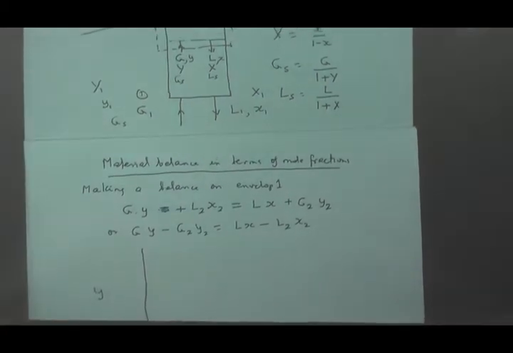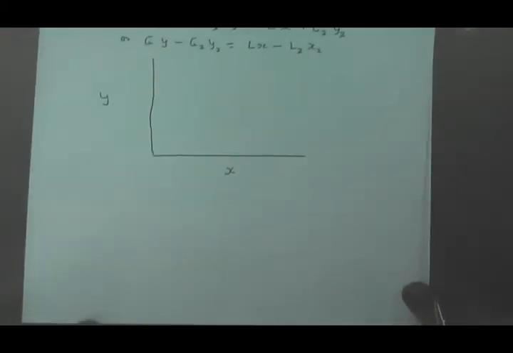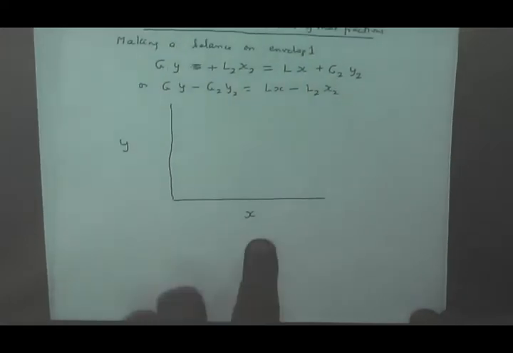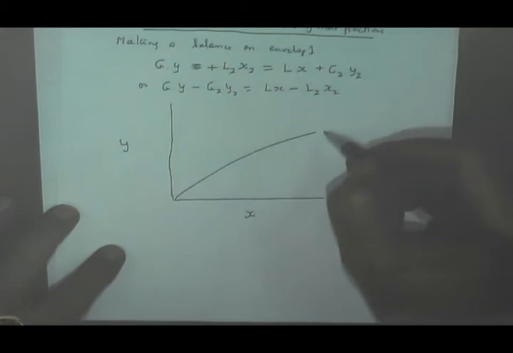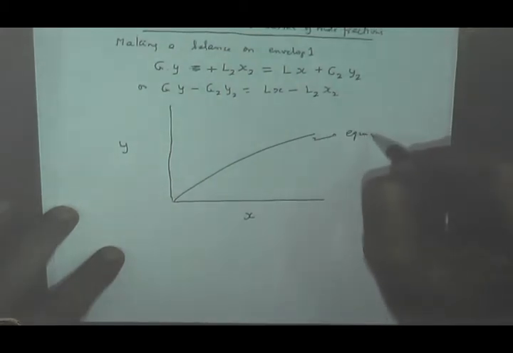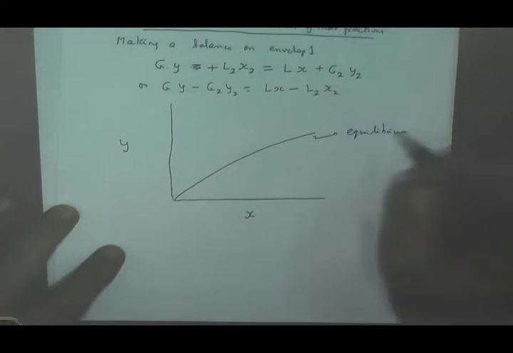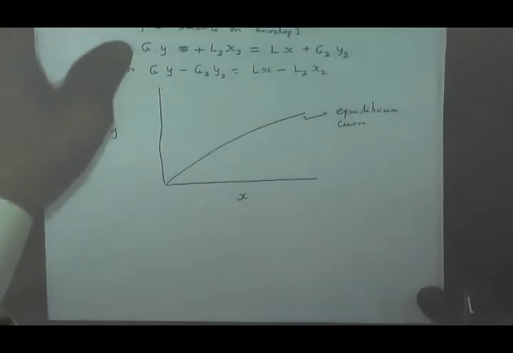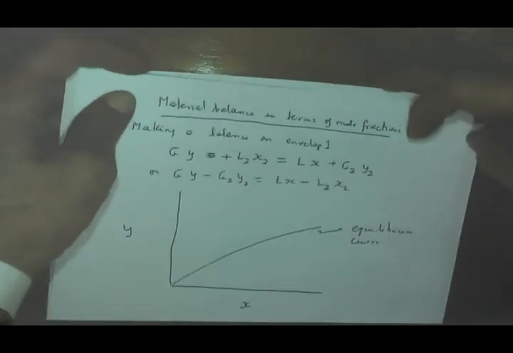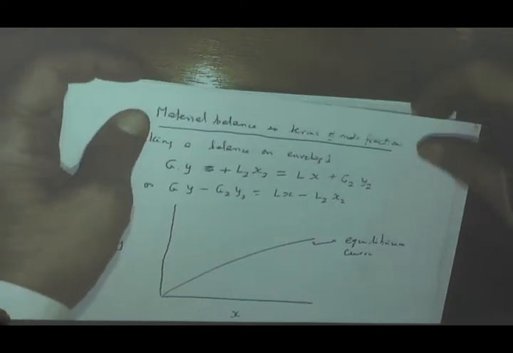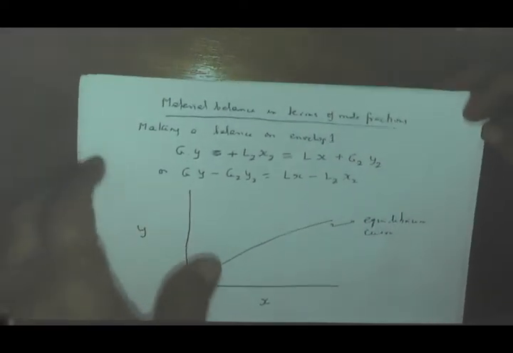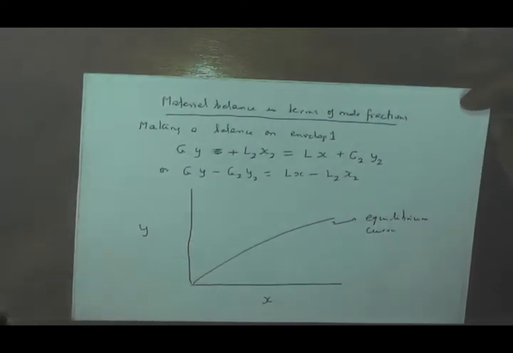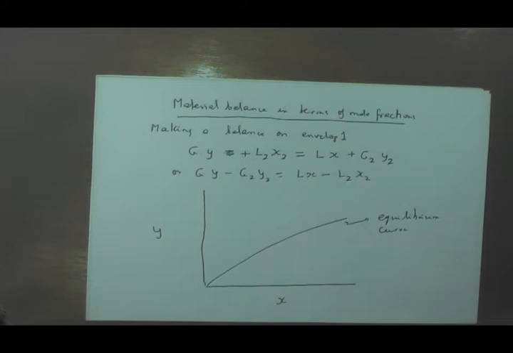Now if you plot small y versus small x, earlier we were plotting capital Y versus capital X; small x and small y are the mole fractions now. Those were the mole ratios. So again, let's look at a general curve, which is the equilibrium curve. I think in one of the assignment problems, I've asked you to work with the equilibrium curve given in terms of small y and small x, and you're supposed to find out what happens in terms of the capital Y equation.